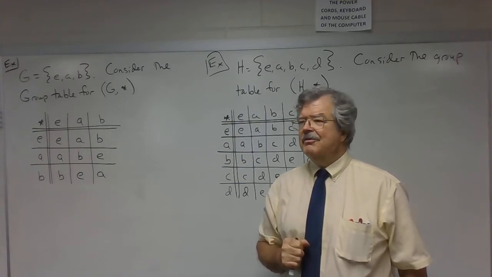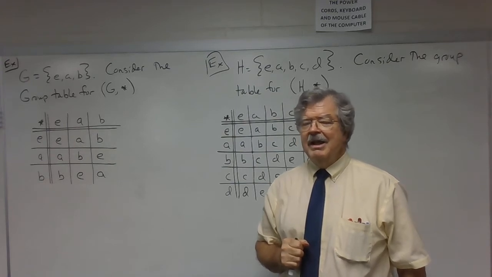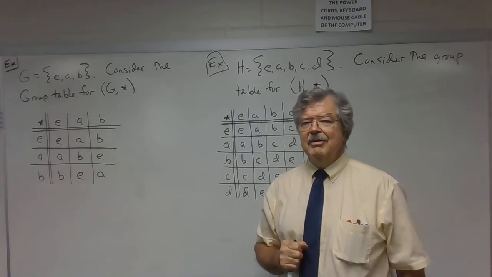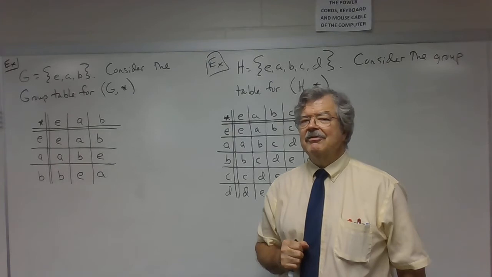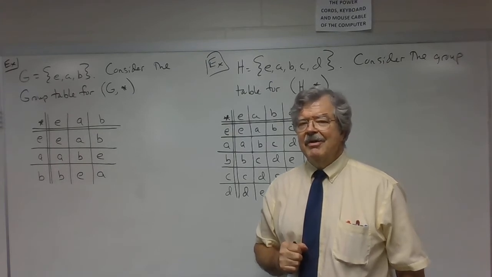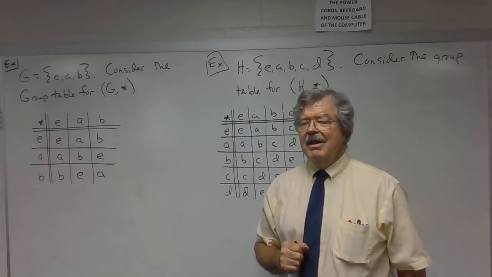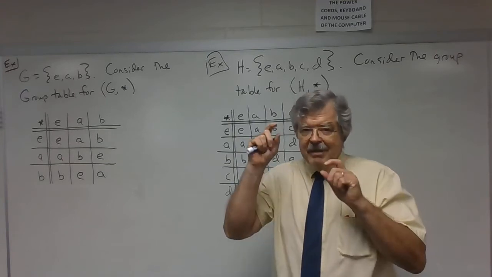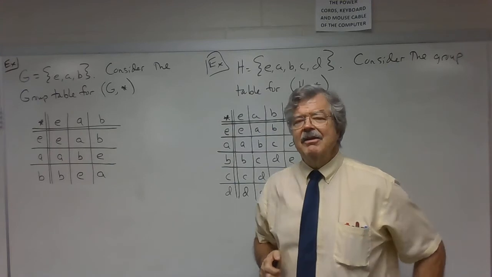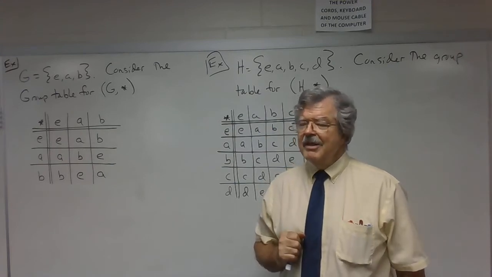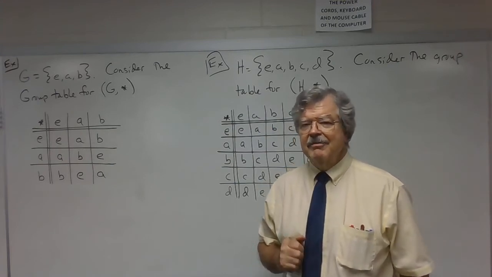So in other words, if we pick an element in row 3, column 2, and then we pick its mirror image across the main diagonal, row 2, column 3, and the elements are the same in every case, then the operation is commutative.